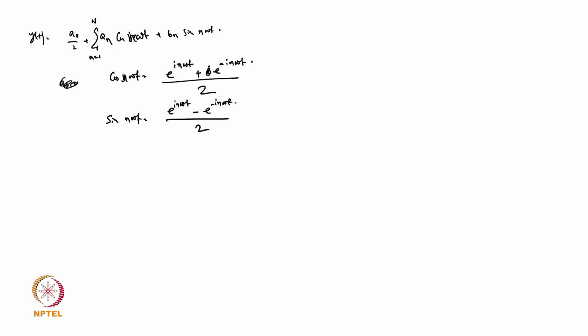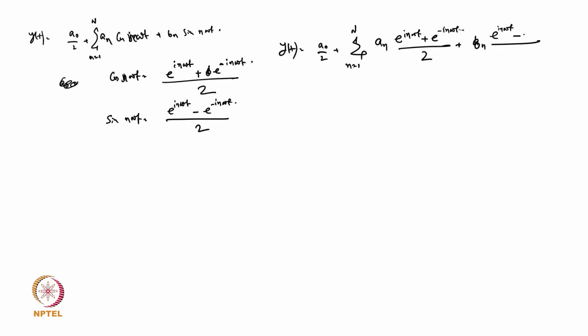So if I substitute that here, my y of t will become a0 by 2 plus summation of n equal to 1 to N of an into e to the power of i n omega t plus e to the power of minus i n omega t divided by 2, plus bn into e to the power of i n omega t minus e to the power of minus i n omega t divided by 2.